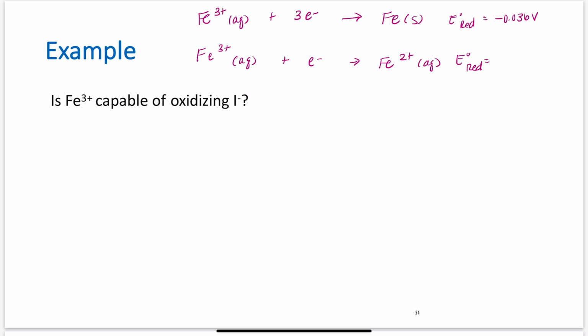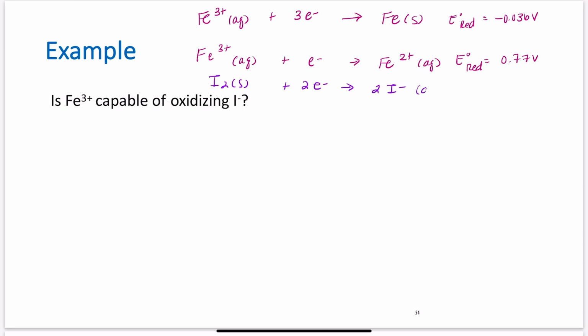is positive 0.77 volts. And then if I look at I-, I've got 2 I- aqueous, gaining 2 electrons, giving me I2 solid, losing 2 electrons. I wrote that backwards. I was writing the oxidation. I apologize. I2 solid, gaining 2 electrons, giving me 2 I-.